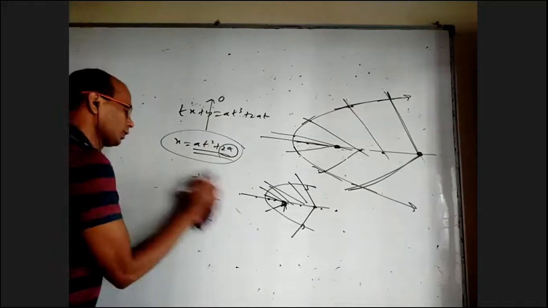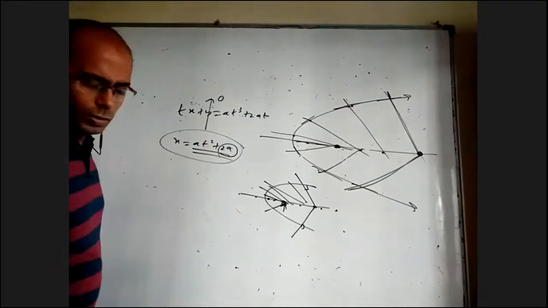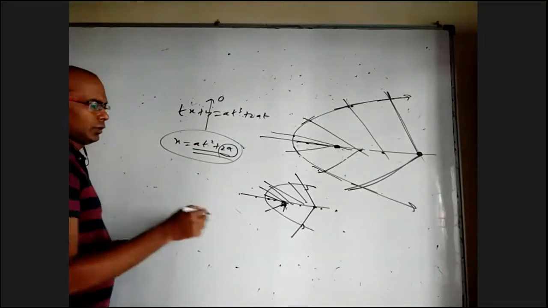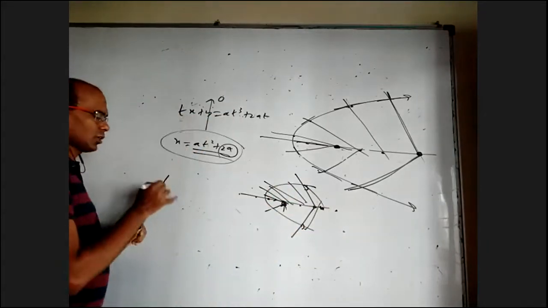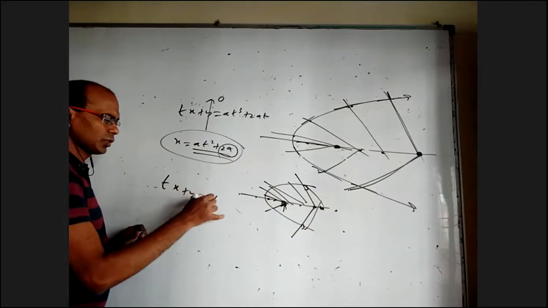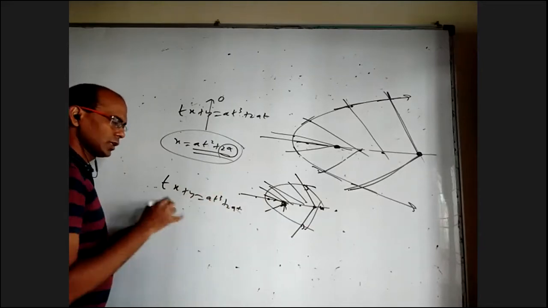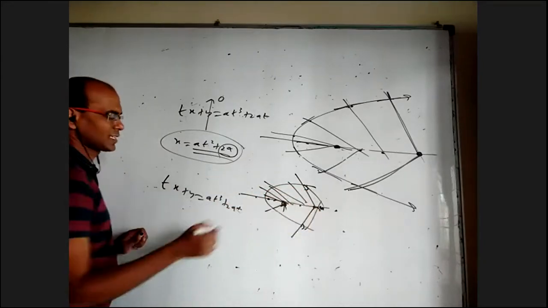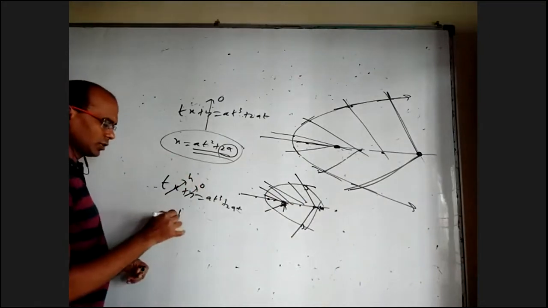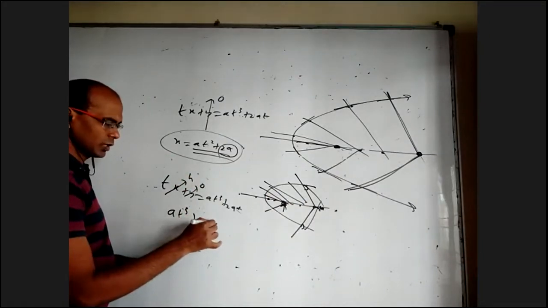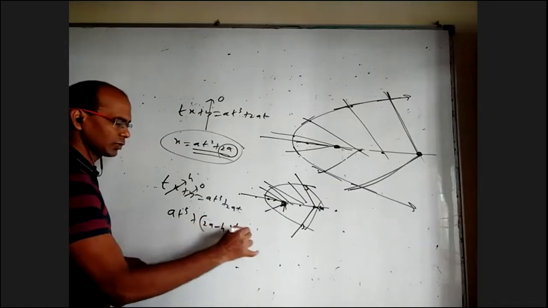Or almost the same, you take a normal passing through a point, how to know whether three normals are there or not. So take the general normal, tx plus y is equal to at cube plus 2at. Let us substitute a point on the x-axis, h comma 0. I'll put h here, 0 here. What is the cubic equation? At cube plus 2a minus h into t equal to 0.